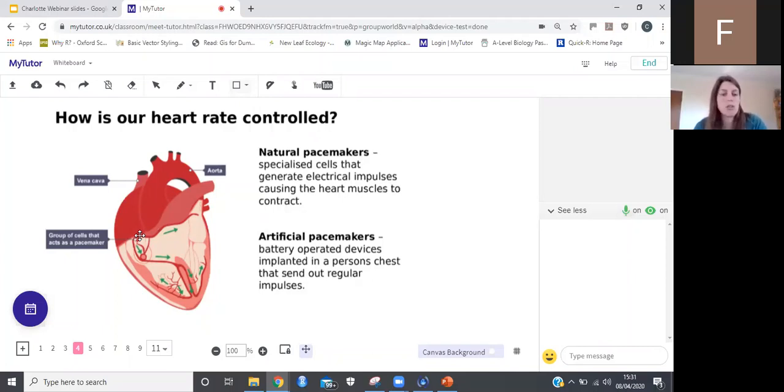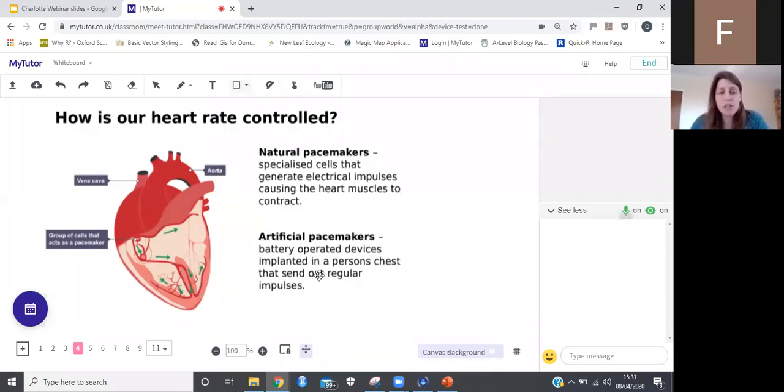But you need to know that heart rate is normally controlled by a natural pacemaker in the heart, and that in the case that this doesn't work properly, an artificial pacemaker can be implanted in there. In a natural pacemaker, there's this group of specialized cells, and the electrical impulses that it sends out travel down through the muscle fibers and then cause that contraction.